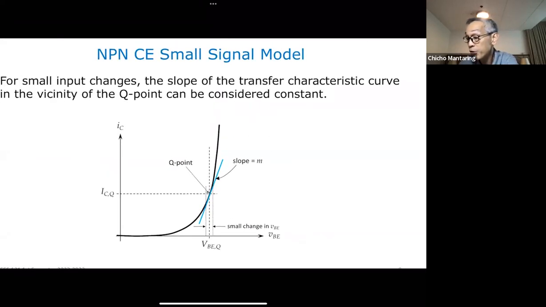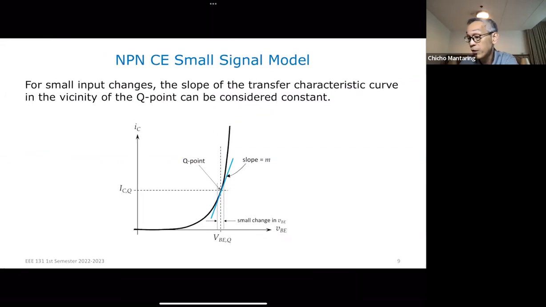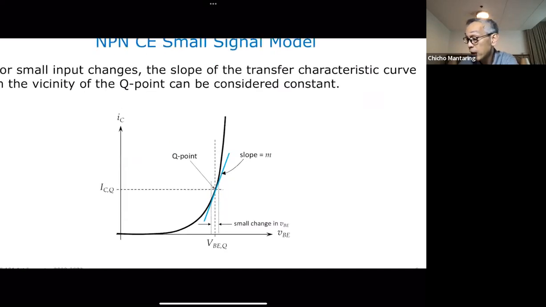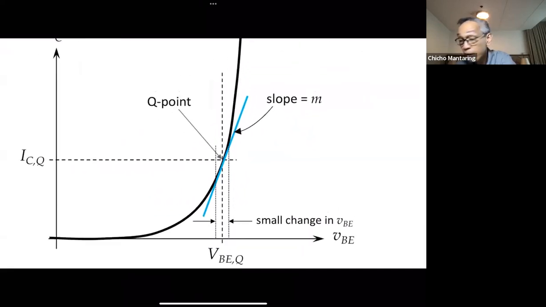Yun yung sinasabi ko rito. The black curve can be considered to have a constant slope in the vicinity of the Q point. In other words, habang gumagalaw yung operating point ko rito, because of my input change, the response will be practically linear.